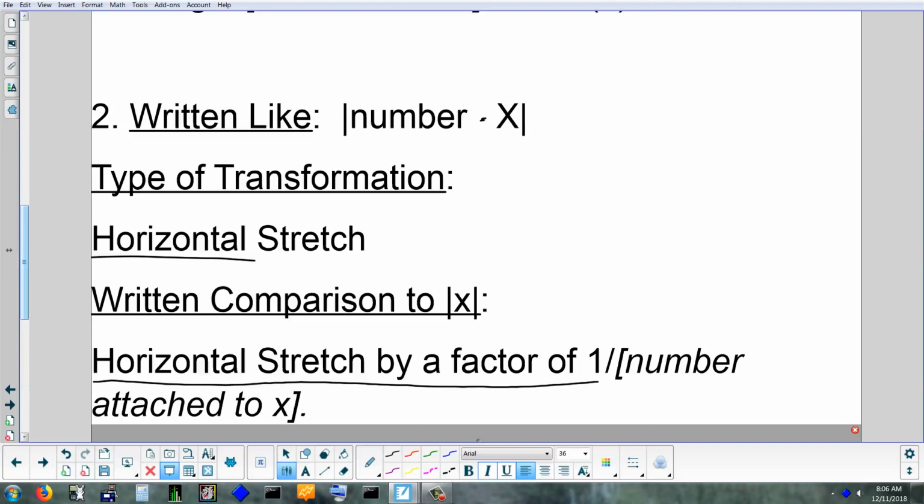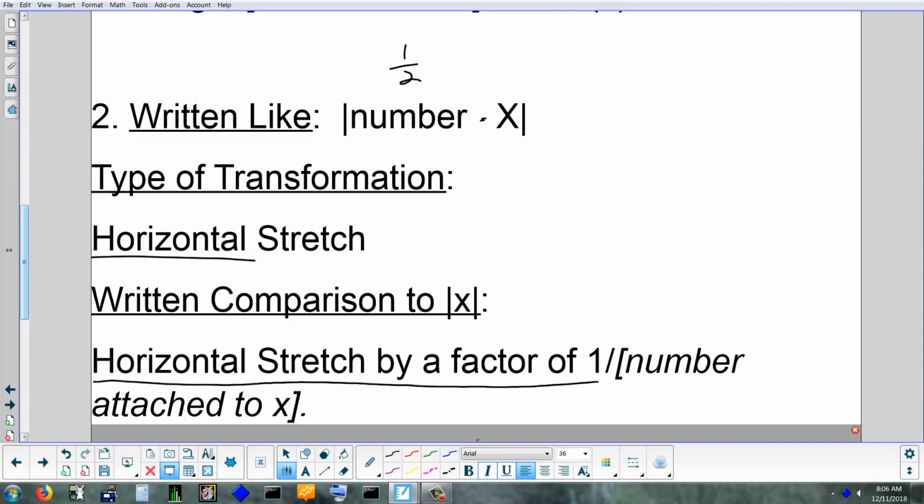If the number is 3, horizontal stretch by a factor of 1 over 3. If it was 6, horizontal stretch by a factor of 1 over 6. It's whatever the number is in the problem. And if the number was a fraction, then I would use my calculator to figure it out. Let's pretend the number was 1/2.